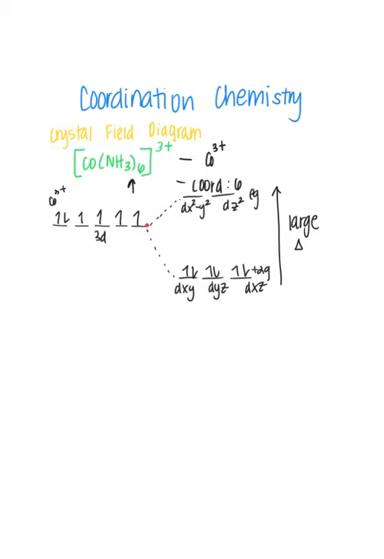These show where the bonding and pairing is going. And we're going to note that the splitting energy is going to be greater than pairing energy for a large split.